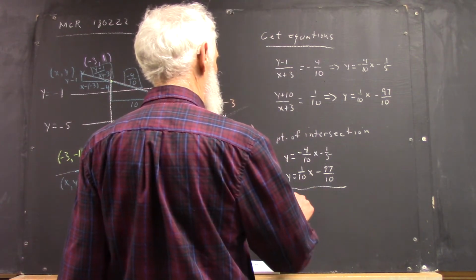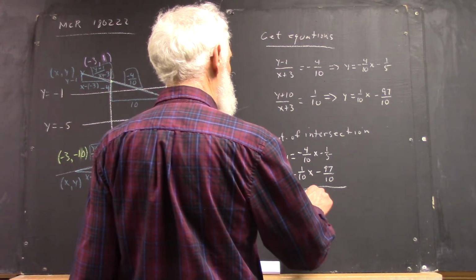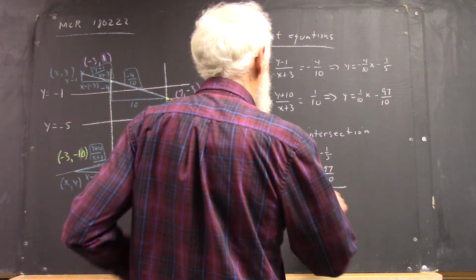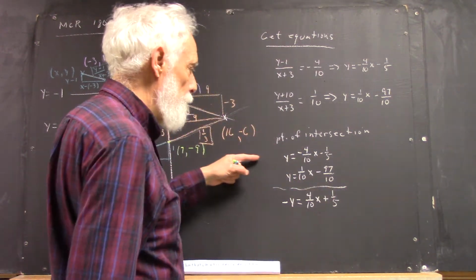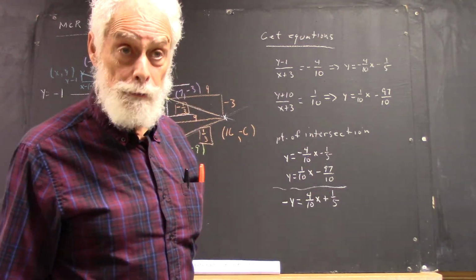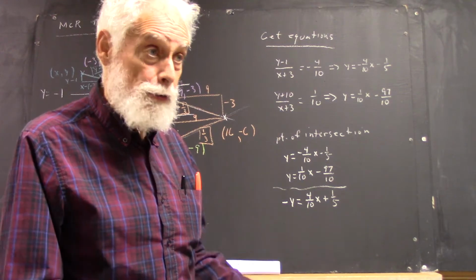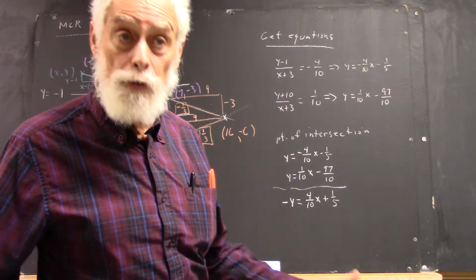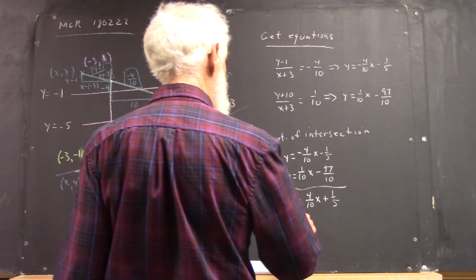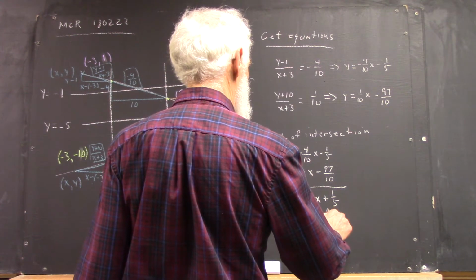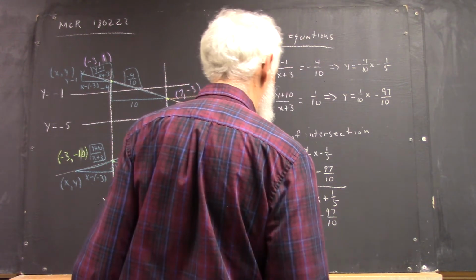So I'm going to say, okay, negative y equals plus 4/10 x plus 1/5, changing the sign of everything. In other words, multiplying every term of this equation by negative 1, right? Because that doesn't change the truthfulness of the equation. It doesn't change the solutions of the equation. And then I've got y equals 1/10 x minus 97/10.